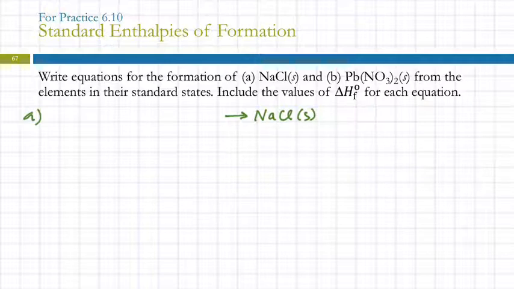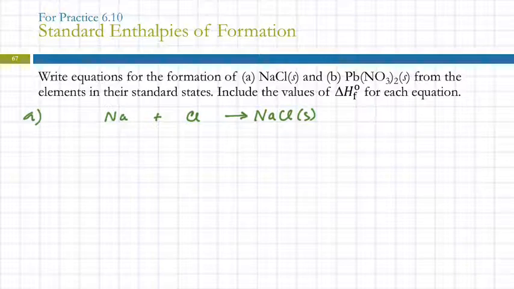And the coefficient on that has to be 1, so we don't need to leave space for a coefficient. Then we're going to identify the different elements present in this compound. There's 2 of them, right? Sodium and chlorine. So we're going to write these as reactants. We've got sodium and we've got chlorine, the elements.